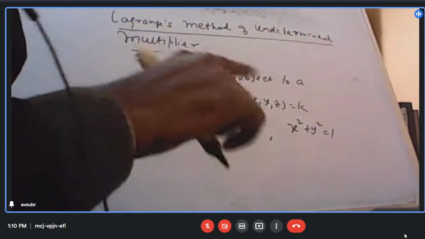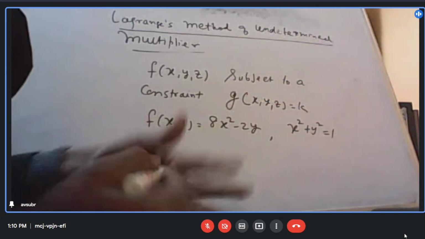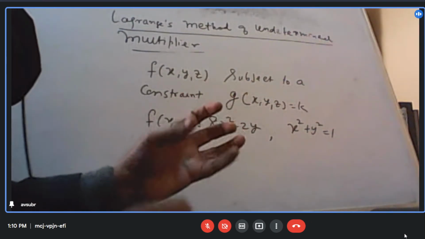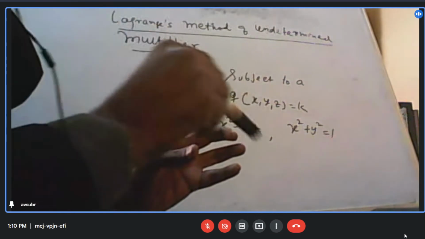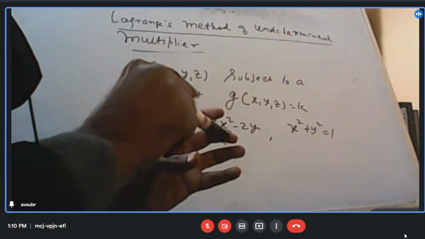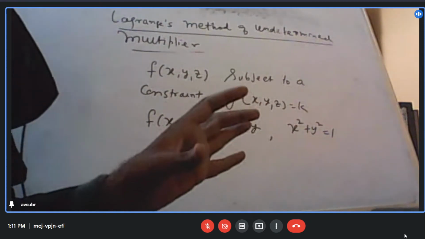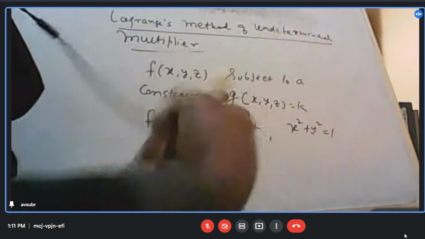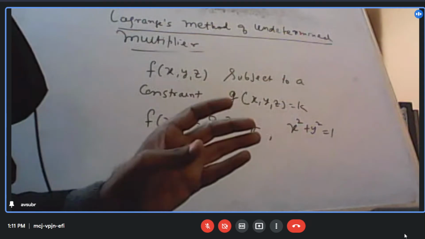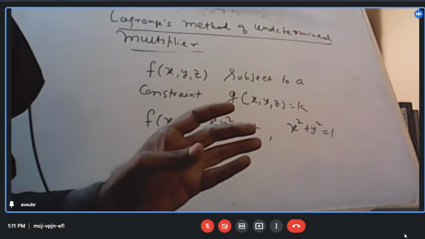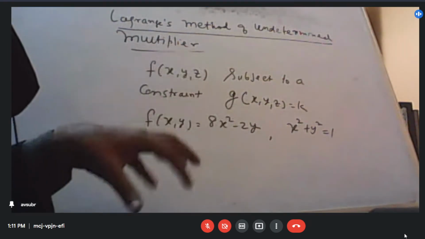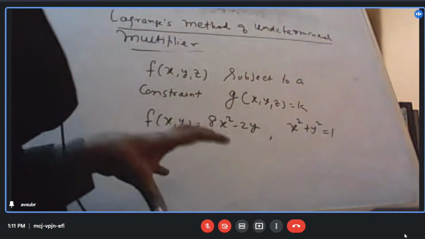Means it should be confined within this region. हमको देखना है कि ये एक सर्किल है, सर्किल के अंदर जो ये फंक्शन की जो वैल्यू है ये कहां पर मैक्सिमम है या मिनिमम. Understood? Within this circle, we have confined it. So that is our aim.